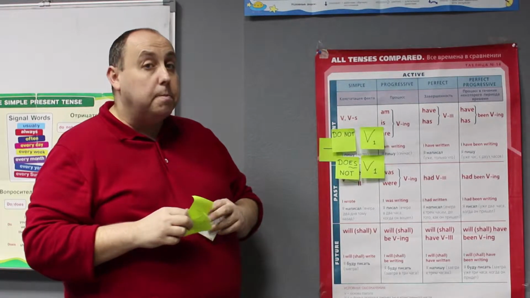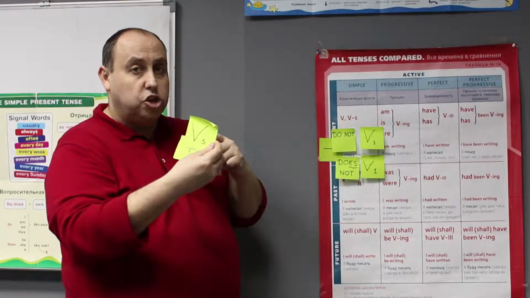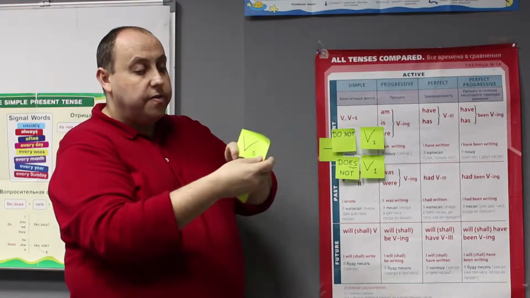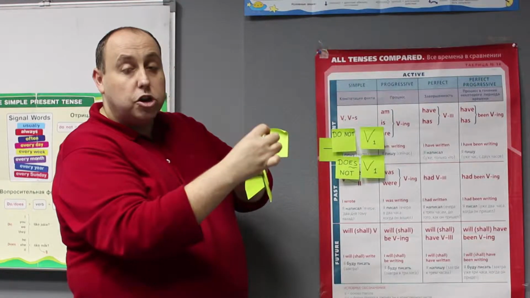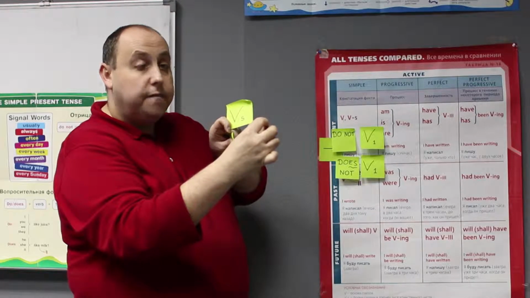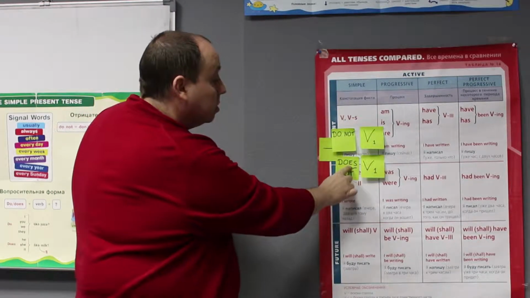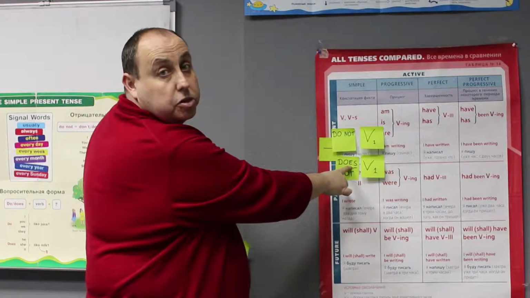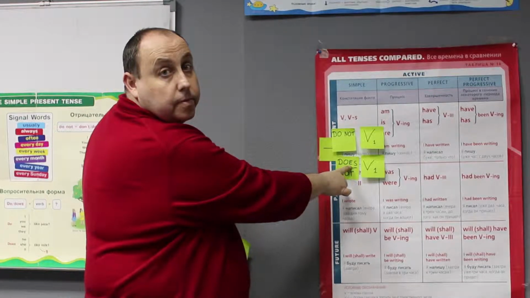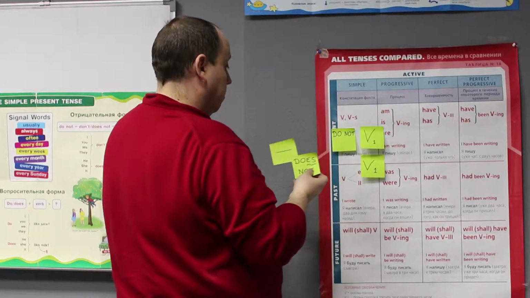Now if you remember, in the positive, we had the verb plus S for he, she, or it. Well, this S has been taken off of the end of the verb and now has been put onto the end of the helping verb for he, she, or it, the third person singular. Okay? Let's go over to the different table.